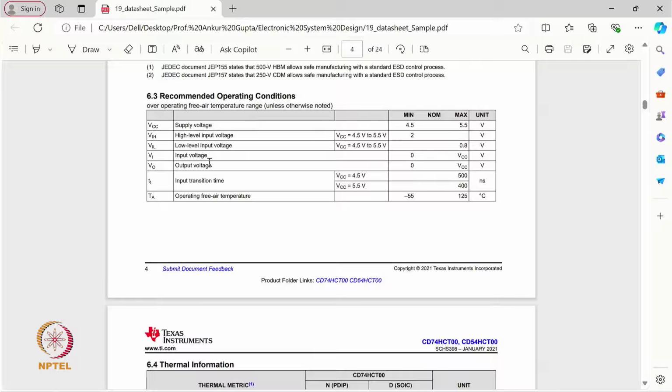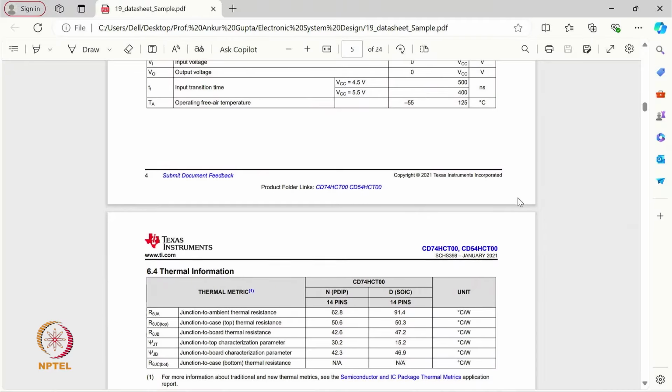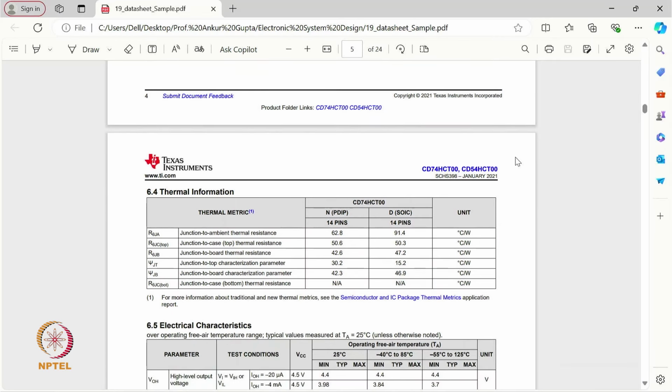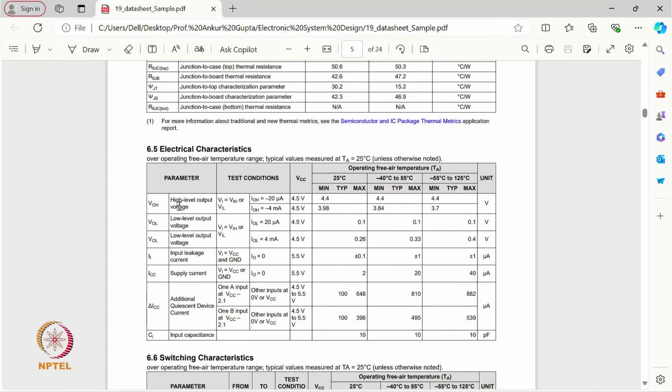Input voltage is minimum 0 volt and maximum VCC, and the output voltage is also between 0 and VCC. Input transition time is 500 nanosecond or 400 nanosecond depending upon the supply voltage, and operating free air temperature is minus 55 to 125 degree centigrade. These are some of the values which are specifically given.